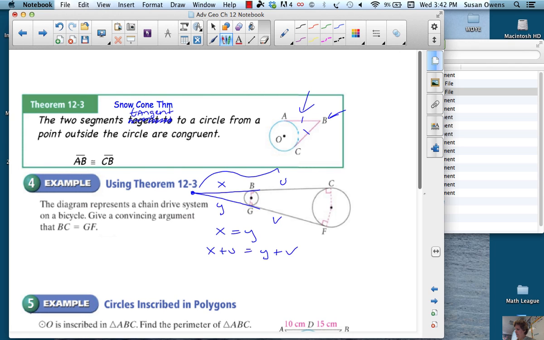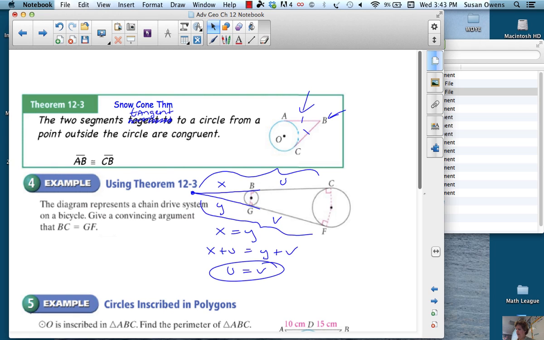And then what I can do is subtract equal things. So that must be that U equals V. And if you take a look, U is BC and V is GF, so it works.